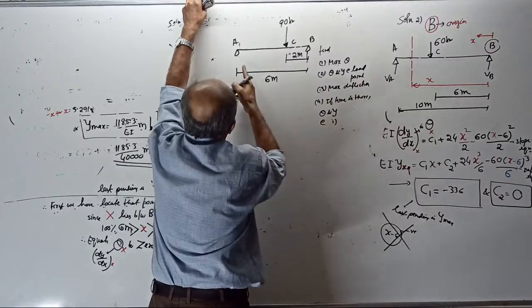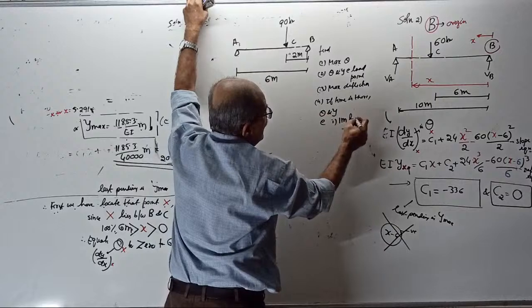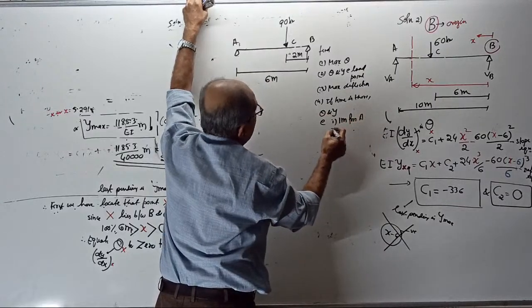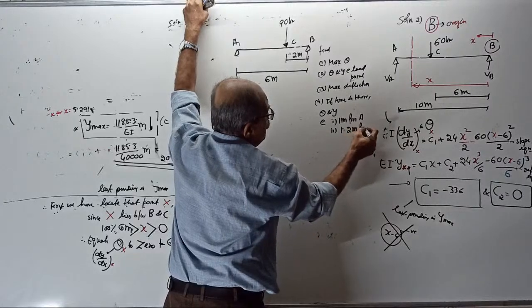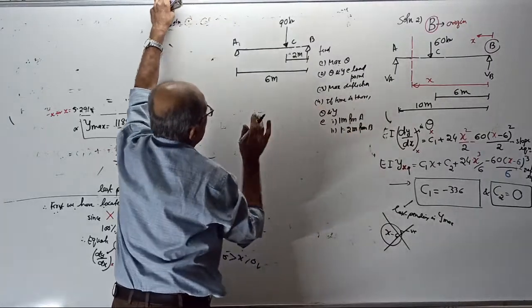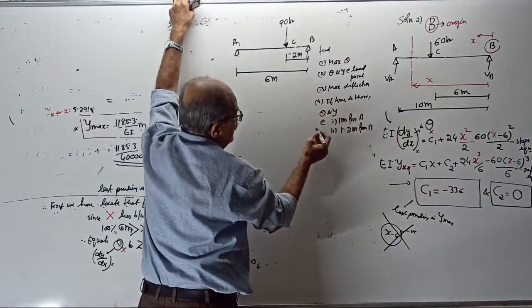One of the points is somewhere here at 1 meter from A. Second point is at 1.2 meter from B. If you got time, otherwise not required. And this is if time permits. Do this one if time permits.